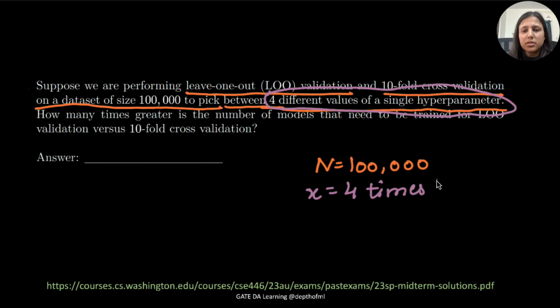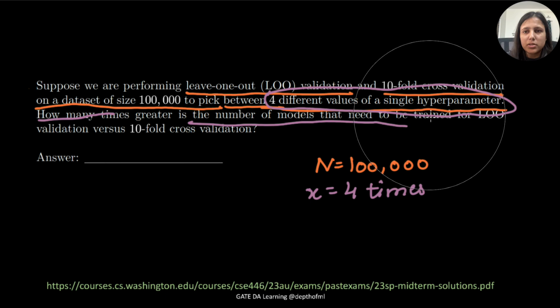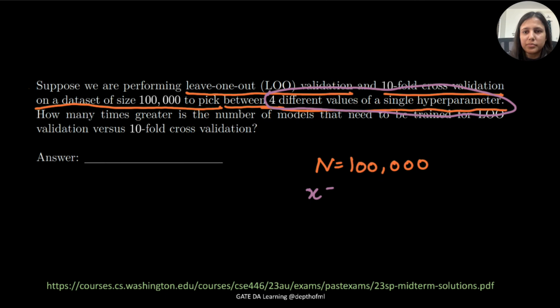How many times greater is the number of models that need to be trained for leave one out cross validation versus 10-fold cross validation? Okay, so they are asking a very simple question.